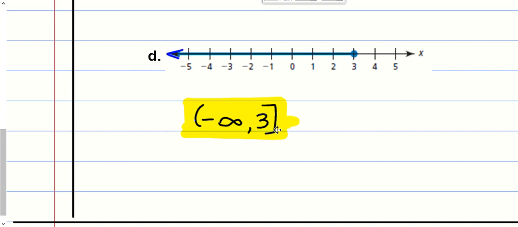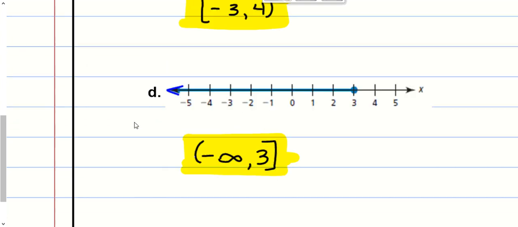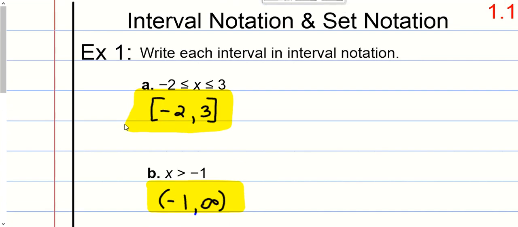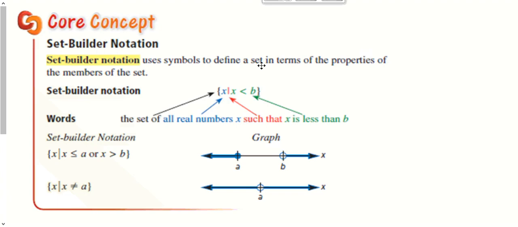Okay, so now let's move on. We're going to go to set builder notation. With set builder notation, it's basically writing our answers as the inequality with a set notation at the beginning.